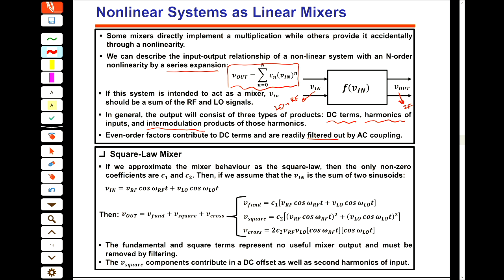So the harmonics that I just mentioned, for example, if we have omega 1 and omega 2 at the input, then we are interested in omega 1 minus omega 2 and omega 1 plus omega 2, depending on whether it is in the transmitter or in the receiver. So in the transmitter, we are doing the up conversion, and omega 1 plus omega 2 is the desired signal. In the receiver, we are down converting, and omega 1 minus omega 2 is desired. And then you are going to see what's the value for the IP3, what's the value for the P1 dB of the mixer, and then the nonlinearities and the spurs.